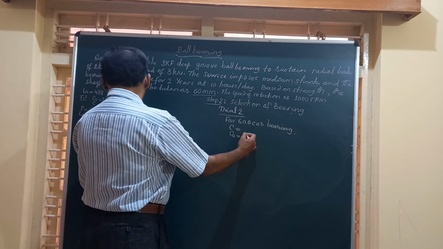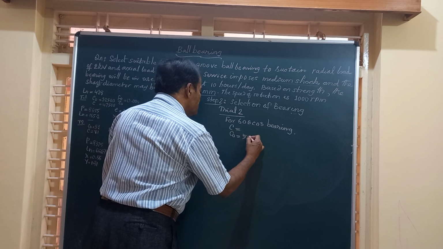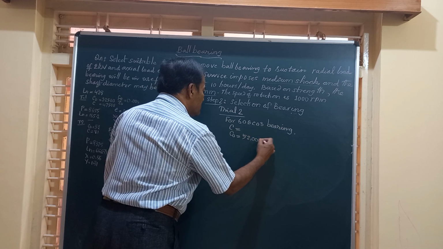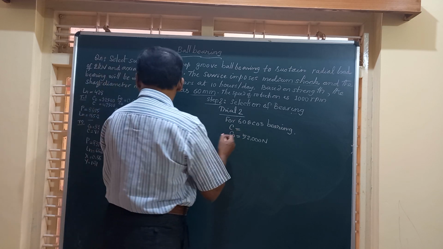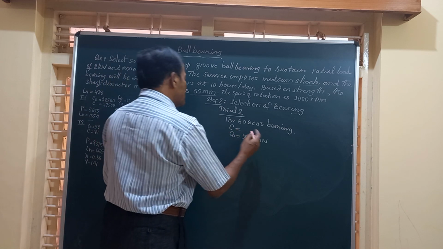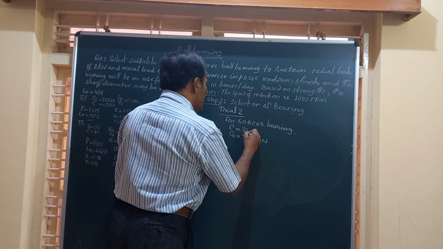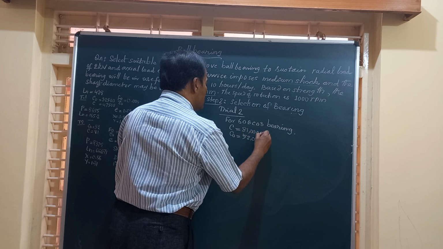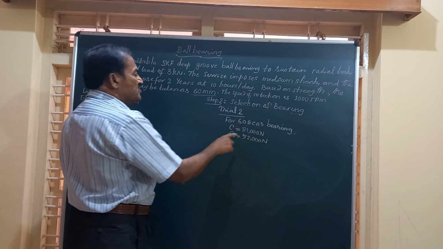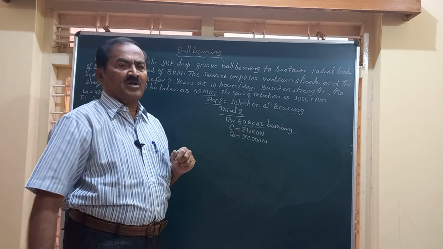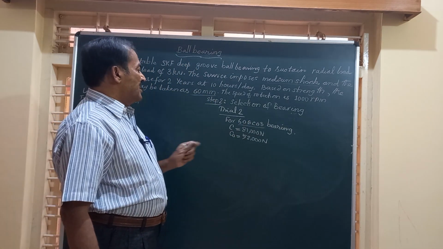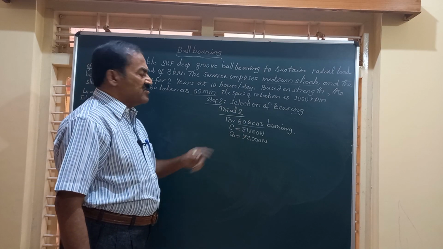The C naught is 52,000 Newton, and this dynamic capacity is 81,000 Newton. These are the values obtained for this bearing from the chapter ball bearings. And friends, this is the value you have got.